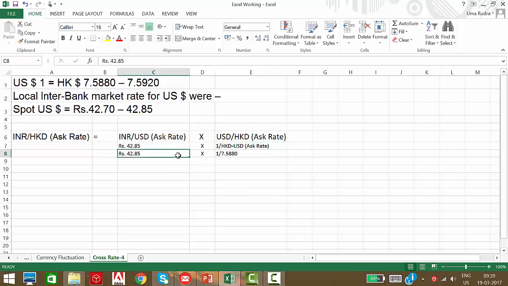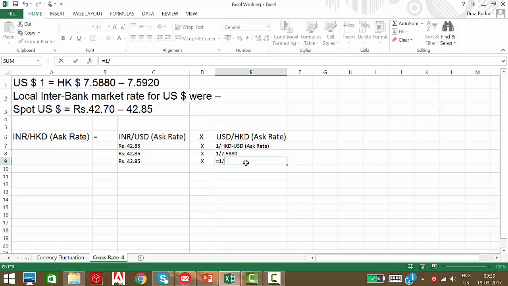Am I clear? So it would be 1 by 7.5880. So this is 1 HKD equivalent to this many USD.